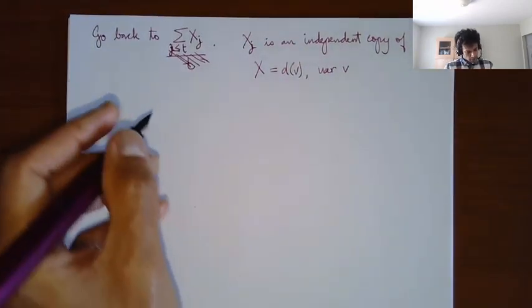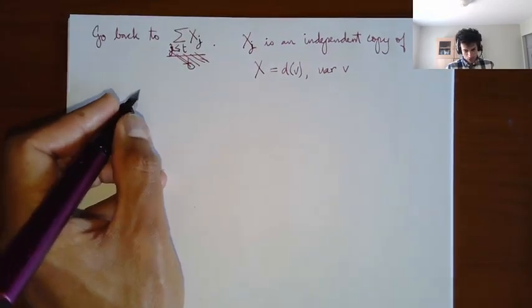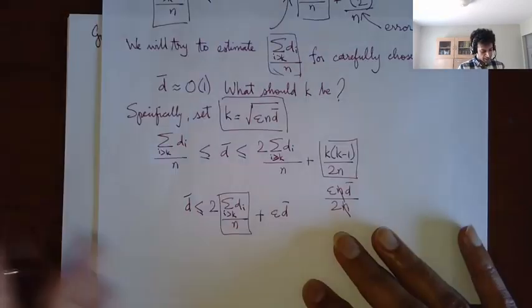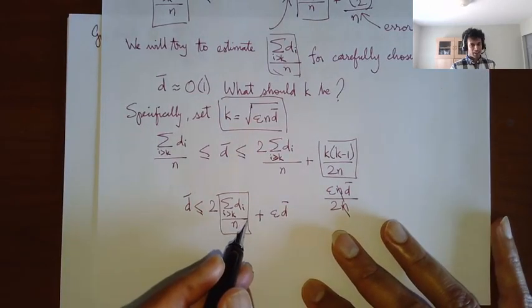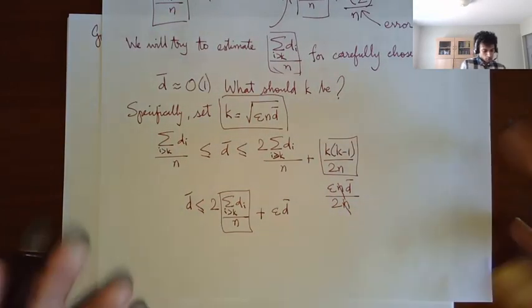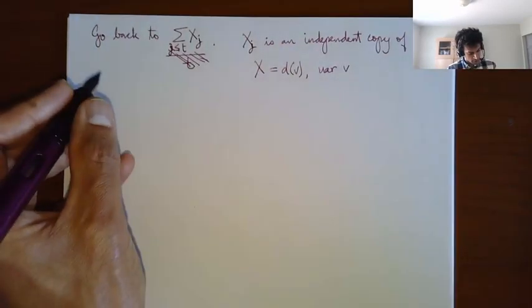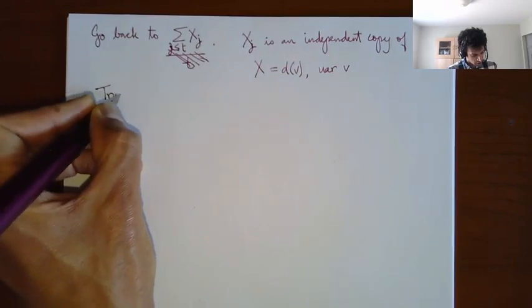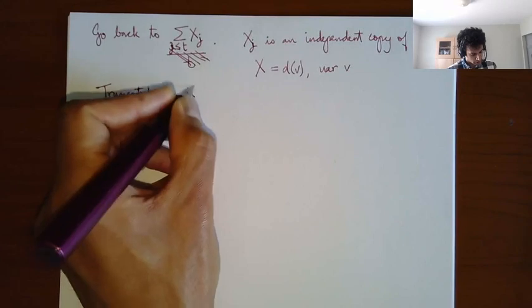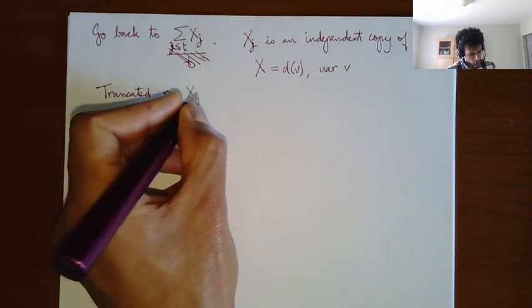So what I would like to do is to somehow ignore, so remember, what we're doing in our estimate is ignoring the top k entries. So let's look at the truncated random variable, which is going to be x_j prime.